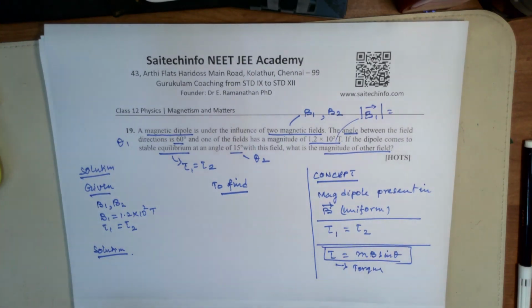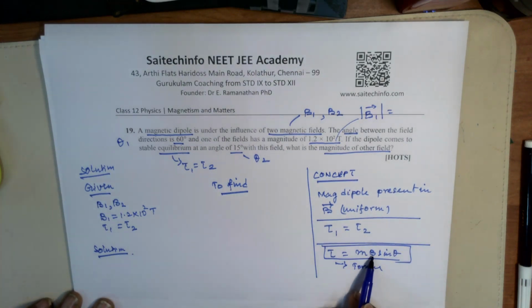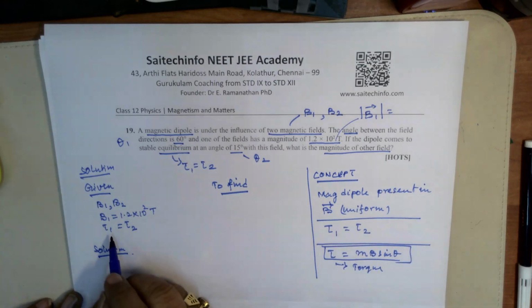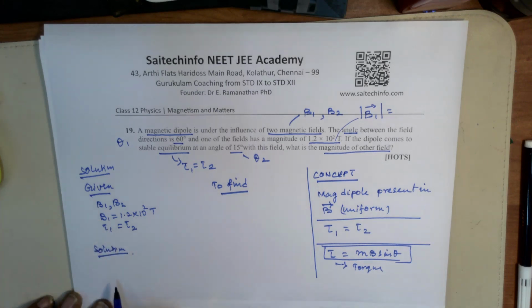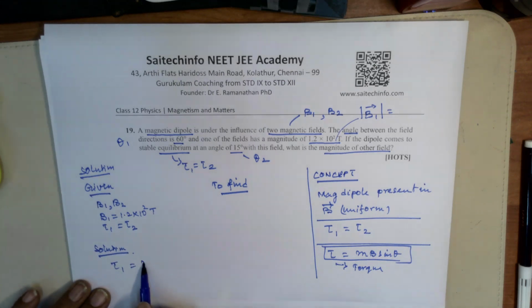Pole strength. And B, magnetic field. Now let us substitute this. Instead of tau, you can write tau 1 is equal to M1 B1 and then sine theta 1.